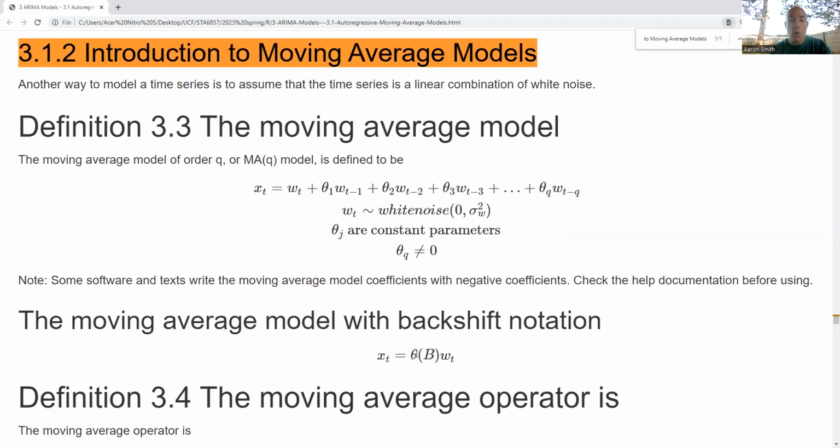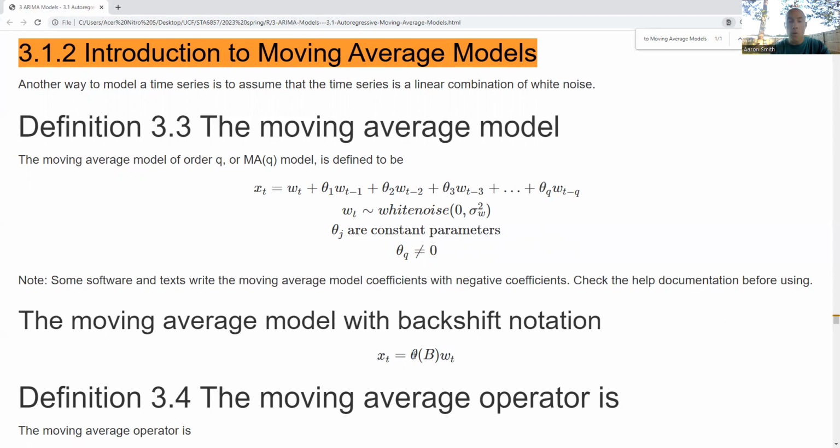The function theta is defined using these coefficients and looks very similar to a polynomial. It's not a polynomial, but it looks like one, especially how we write the backshift operator with a superscript. We're going to make a bridge between this notation and polynomials, and analyze those in a future video. For now, this is just to get us comfortable looking at the backshift operator aspect.